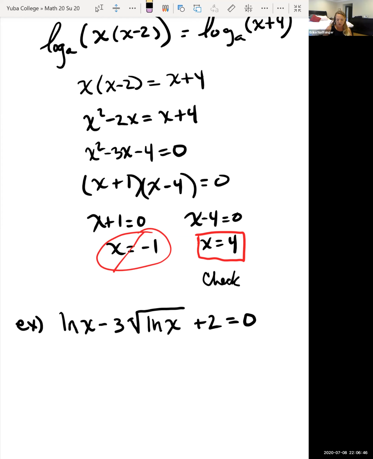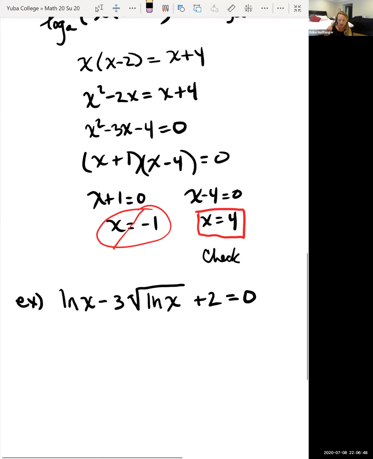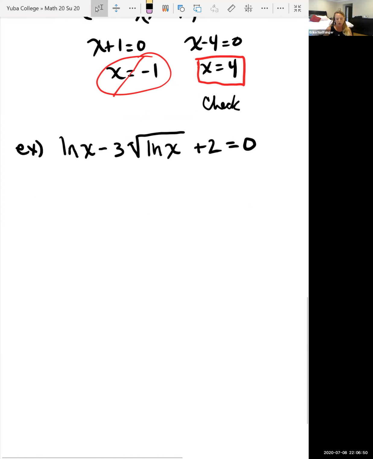And so there was one rule. You notice how we couldn't take the natural log and distribute it to a sum or difference. Another thing that gets students is this. If you have natural log of x to the 1/2 power, or the square root of this, that does not equal ln of the square root of x.